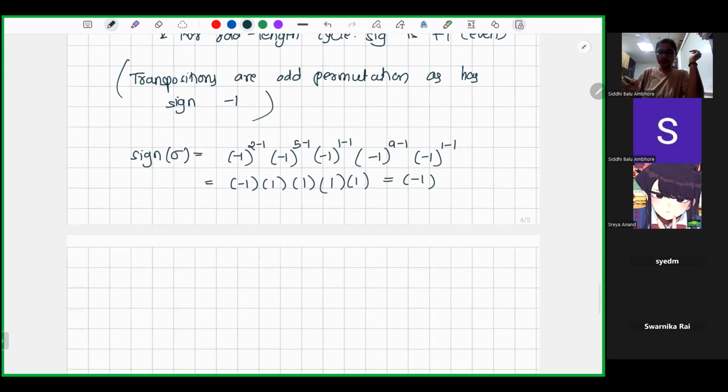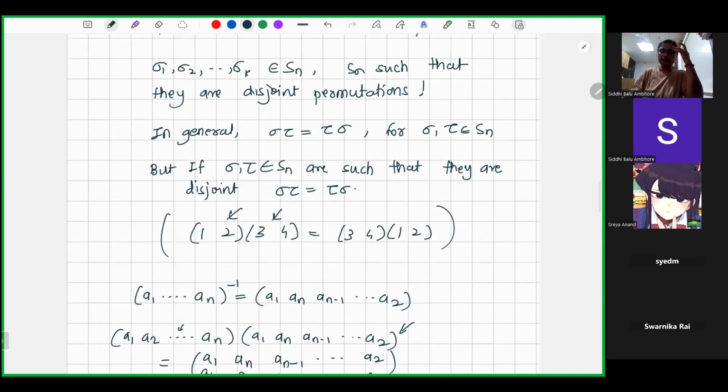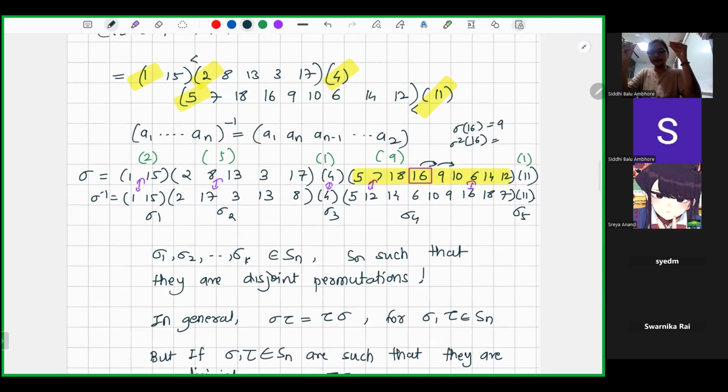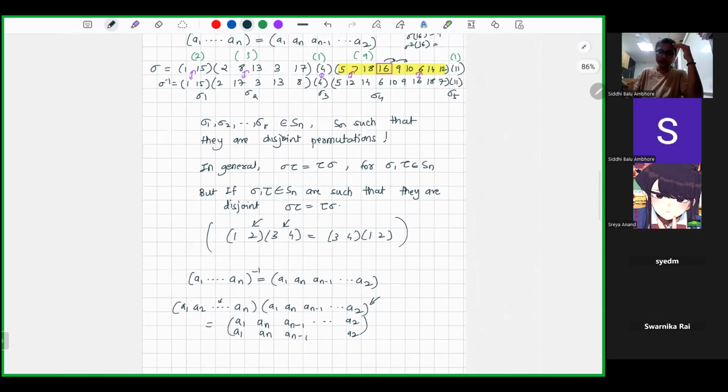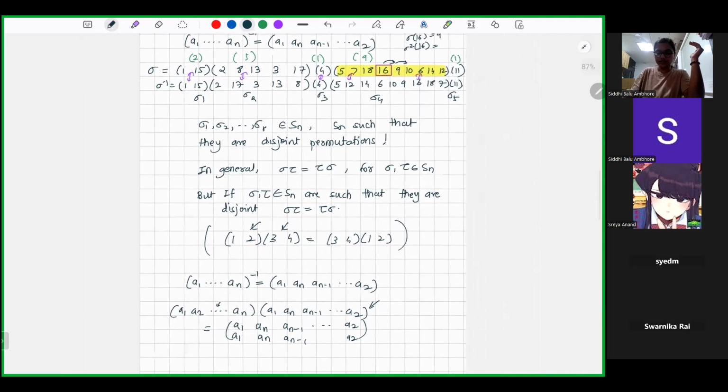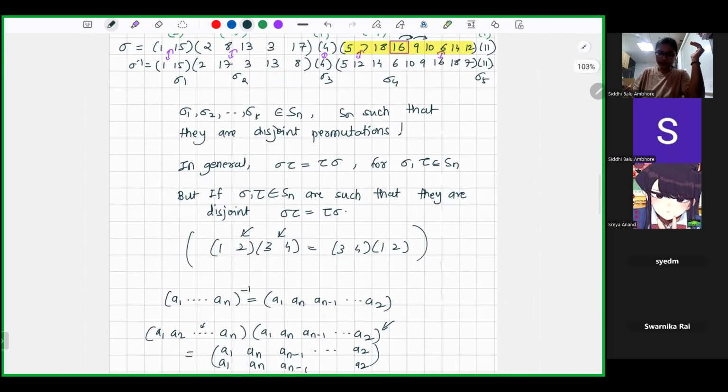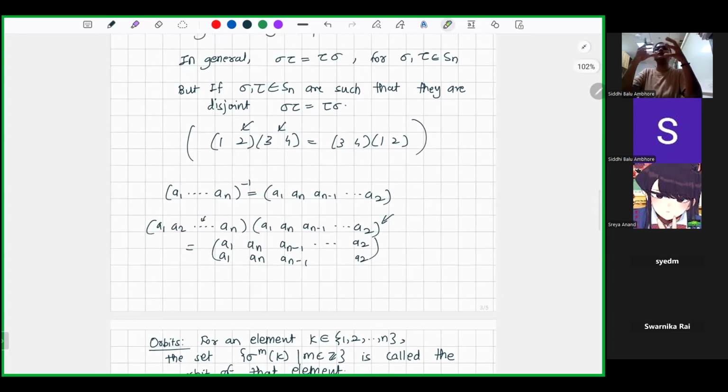Okay. So similarly, signature of sigma inverse. Note that if I have a permutation here, the corresponding inverse, if I'm just focusing on a cycle of length k, its inverse will have the same length of cycle. So the inverse of a k length cycle won't be some n length cycle where k is not equal to n.